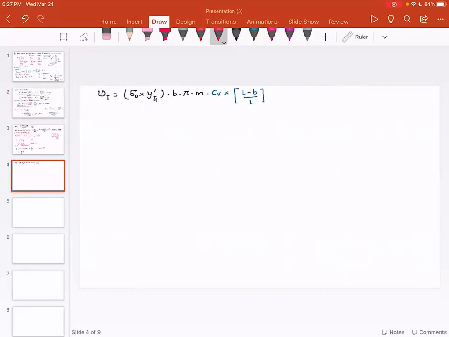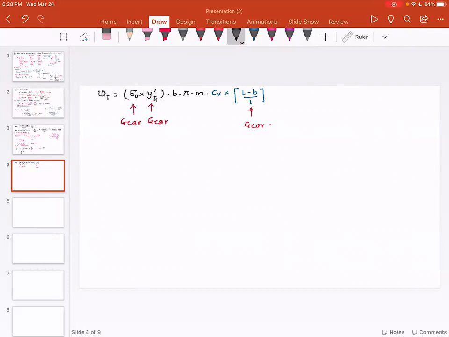But since we are designing the gear, this is for gear, this is for gear, and this is for gear. So we have to make sure that we are using appropriate values.